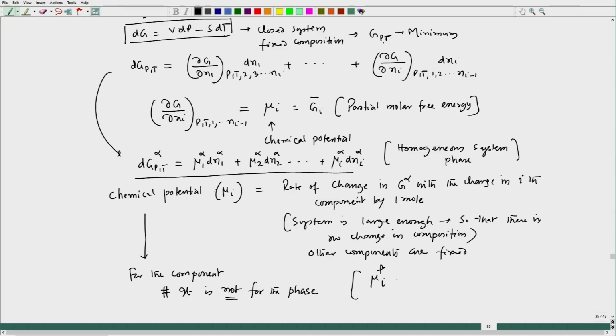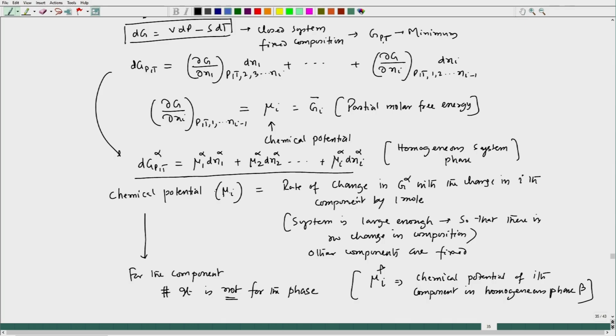Okay. So, that is how we express the chemical potential of the ith component in homogeneous phase beta.